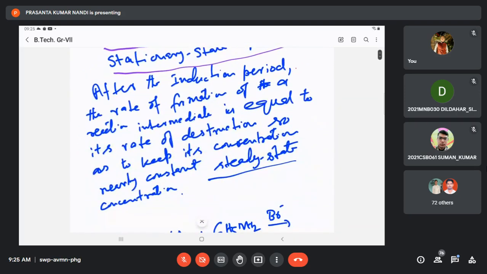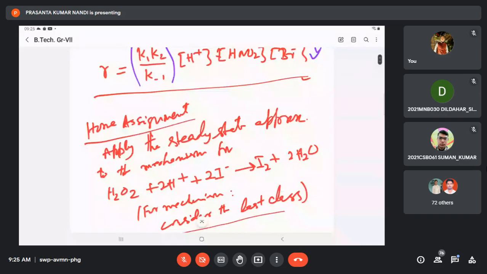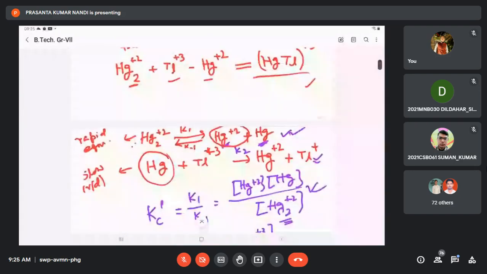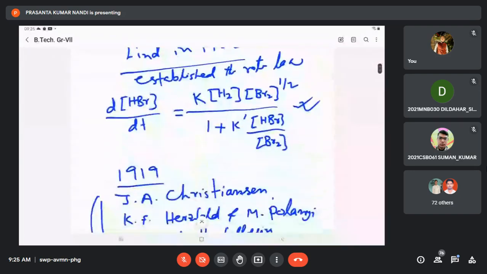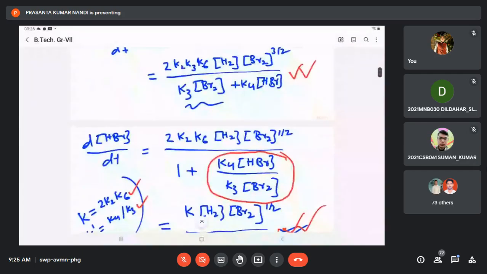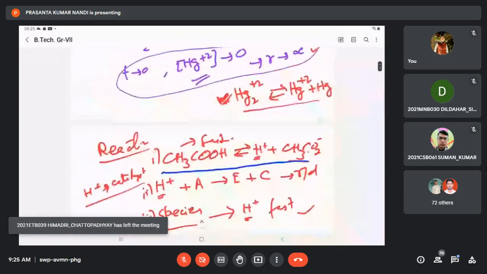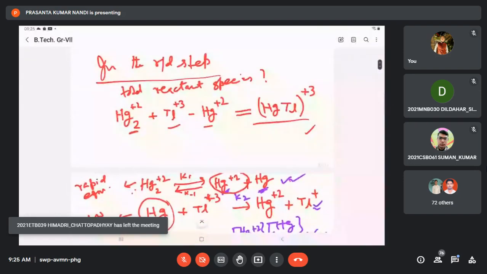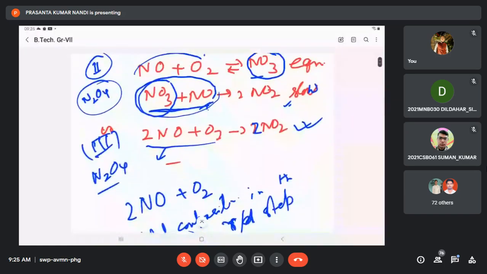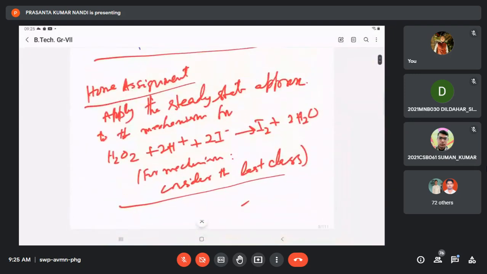There is another approach that we call the rate limiting step approximation, which we'll also discuss. If you consider the same reactions with both approaches, you can get the same results. That means these two alternative approaches are equally good, so you can learn a lot regarding these two approaches.